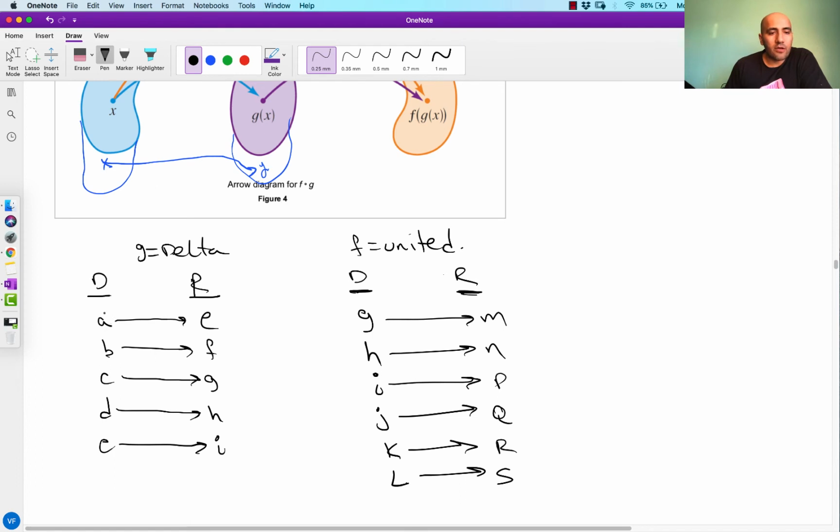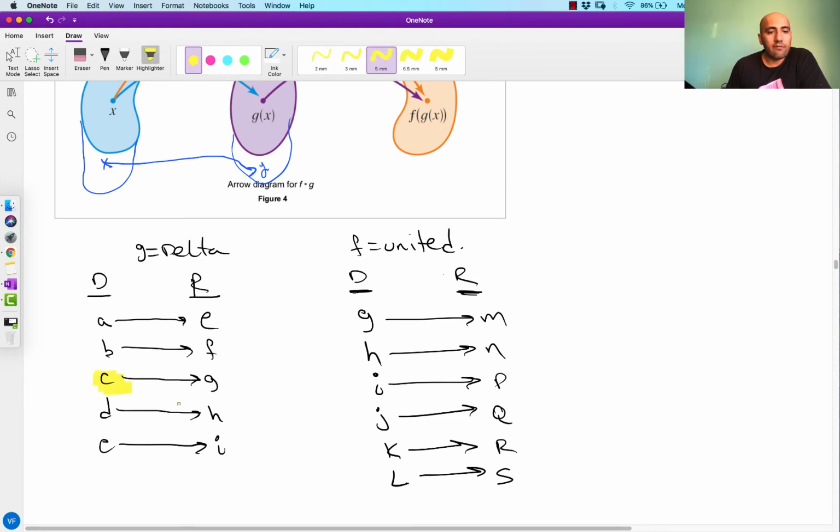If we start off in city A, that leads me to city E, but then E is not over here. It's not in the domain of F. I can start off in city B, and that leads to city F, but again, United doesn't operate out of city F, so that doesn't work out. I can start off with city C, and that leads to G, and then G leads to M. So that is one that will work out.